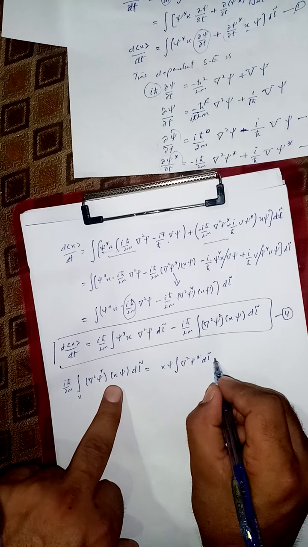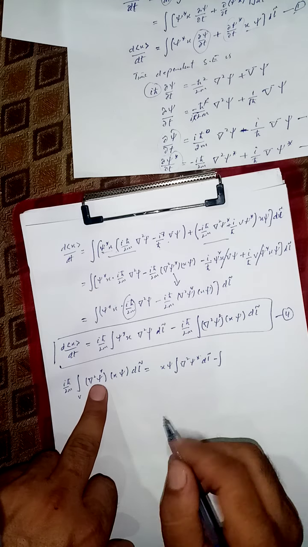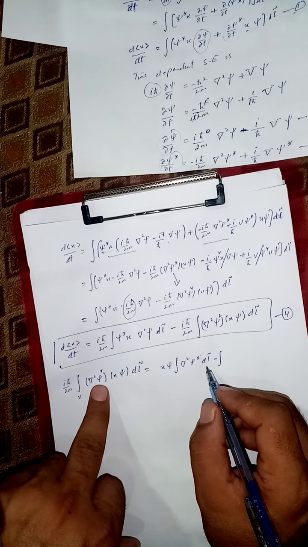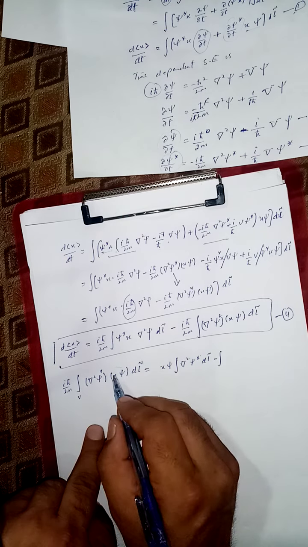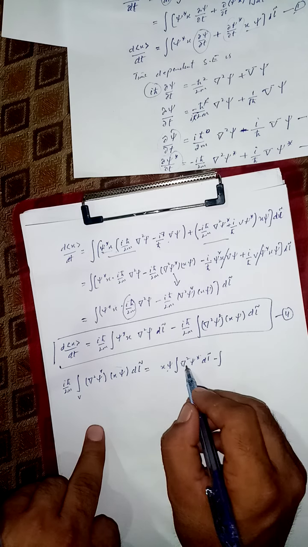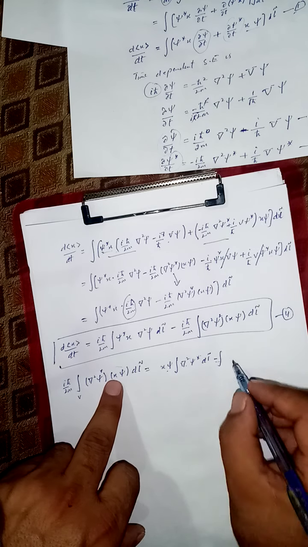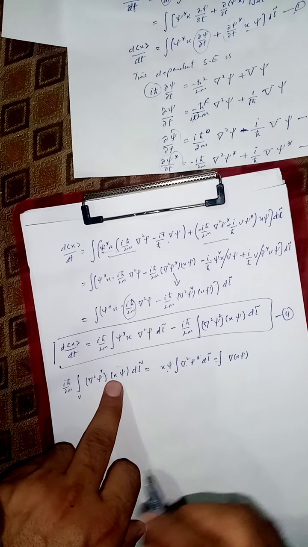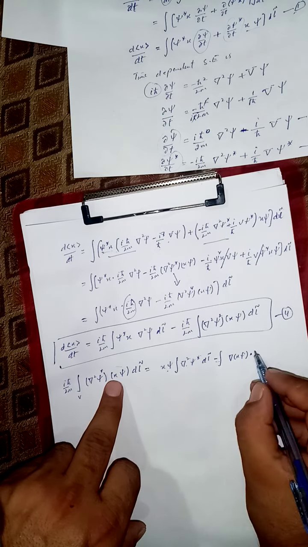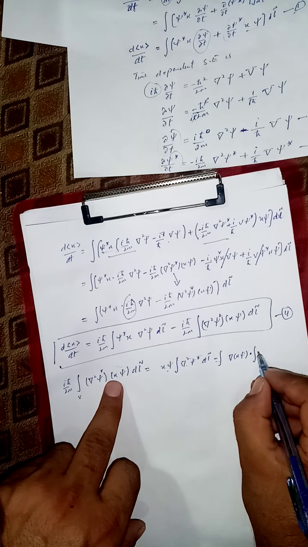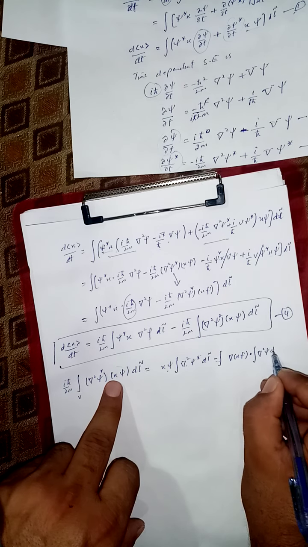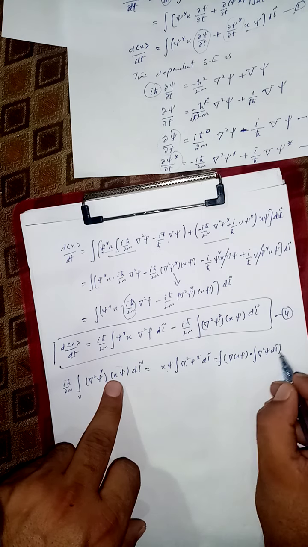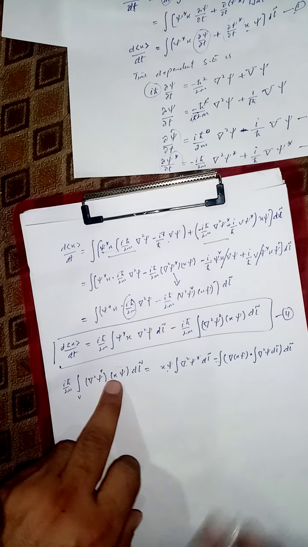And then we have minus integral into differential of the second. I can consider this is first and this is second. So the first function integral of the second, minus integral differential of the first, which is ∇(xψ), into integral of the second, which is ∇²ψ* dτ, and we have dτ here. This is integration by parts.